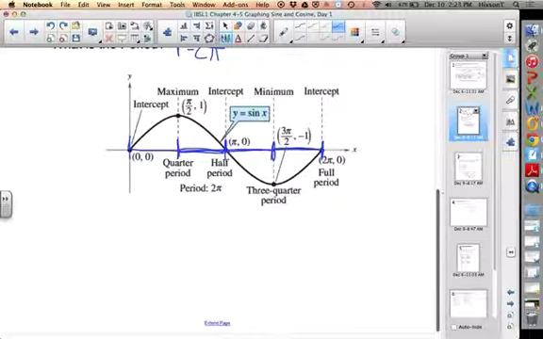What do you notice about the first half of sine? It's always positive. What does that represent? The first quadrant and second quadrant, right? Here's our first quadrant, I'll call it Q1. Here's our second quadrant. In the third quadrant and fourth quadrant, sine is negative, okay?